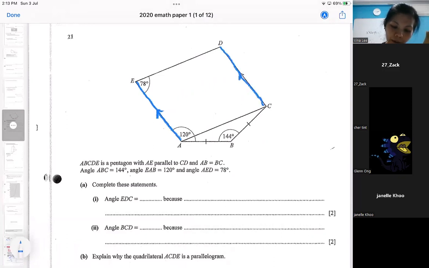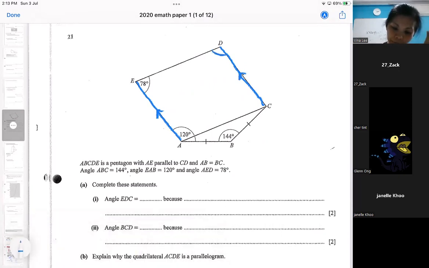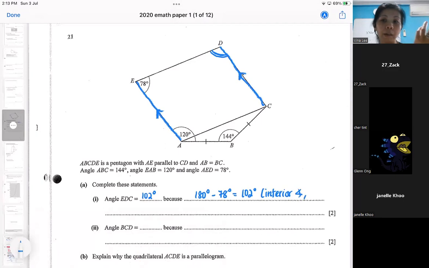Most of you can tell me that this part is an interior angle, and that this is 102 because 180 minus 78 equals 102. It's just an interior angle. But if you quote the wrong property, I have to deduct a mark.